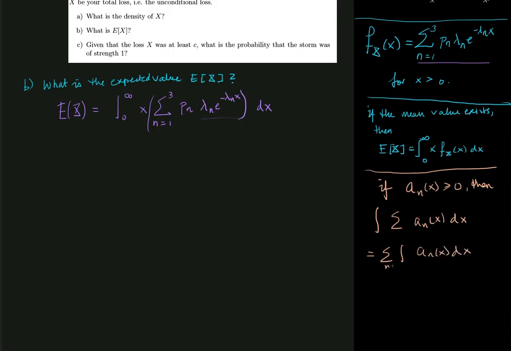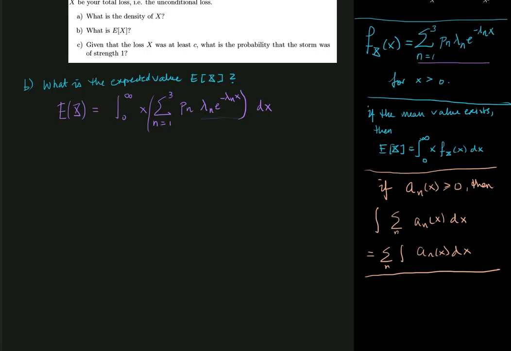This is something that you might not have learned yet, but it's a calculational trick that's quite nice to have: you can always interchange sums and integrals as you wish, as long as whatever is inside is non-negative. So we can use that here.